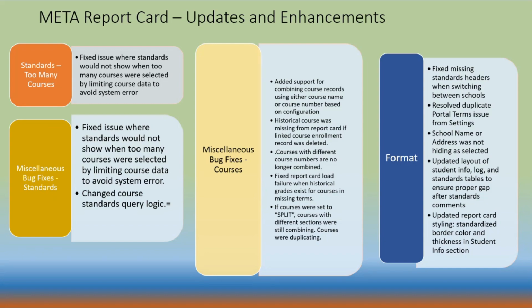Fix the report card load failure when historical grades exist. Some of these things you may never see. You may never have seen them, but it was a bug either we found in testing or somebody put a ticket in. Courses were set to split. Courses with different sections were still combining, and the courses were duplicating. Corey's fixed that.